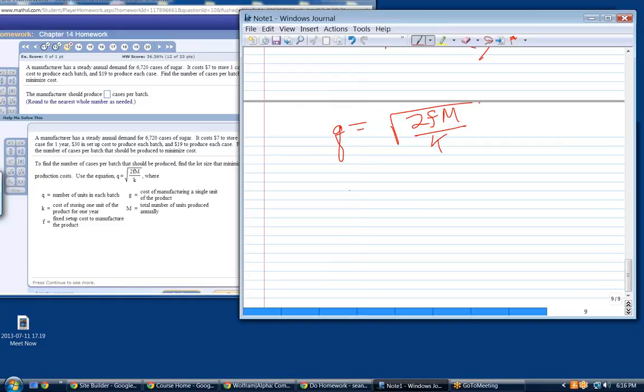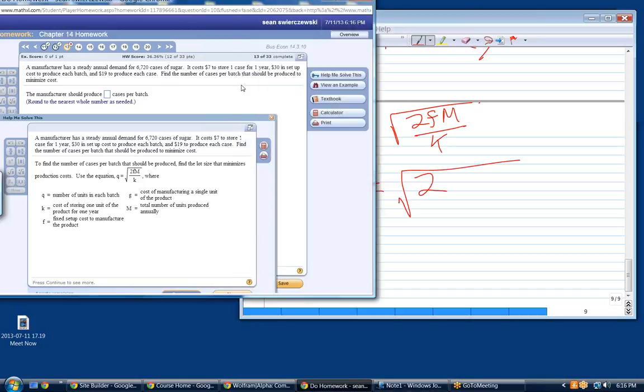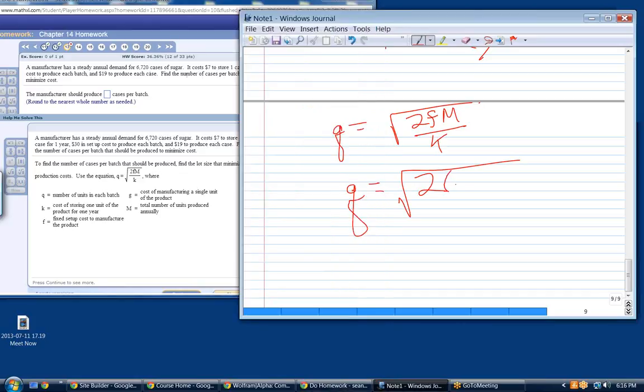So Q is the square root of 2 times the fixed setup cost to manufacture the product, $30, times capital M, the total number of units produced annually.